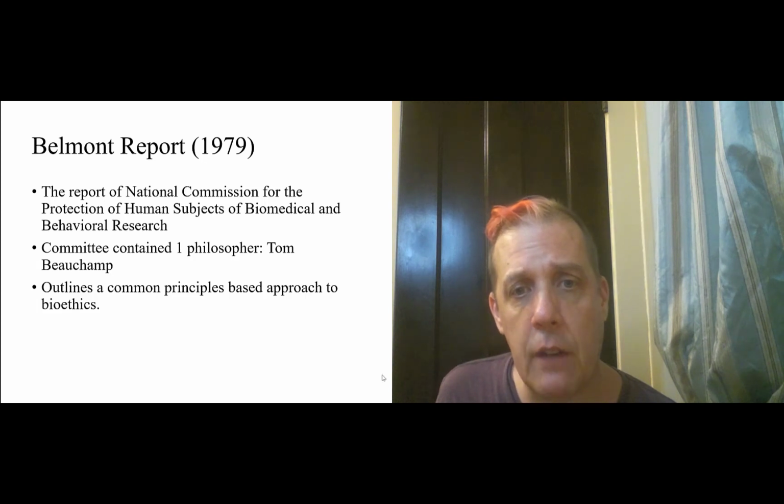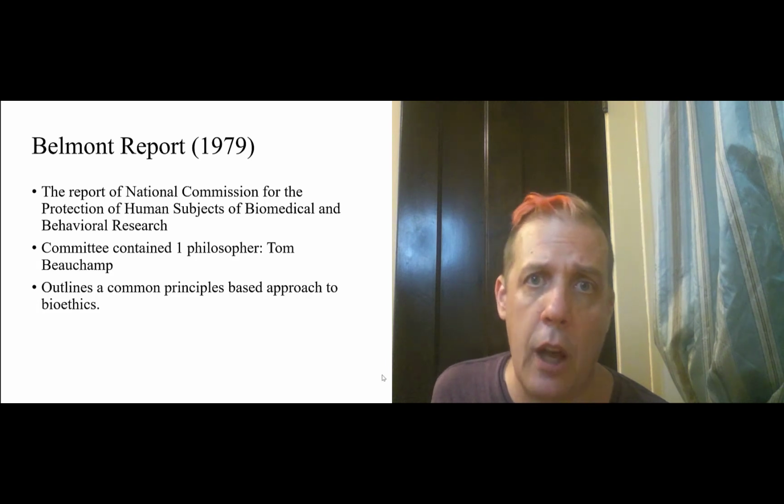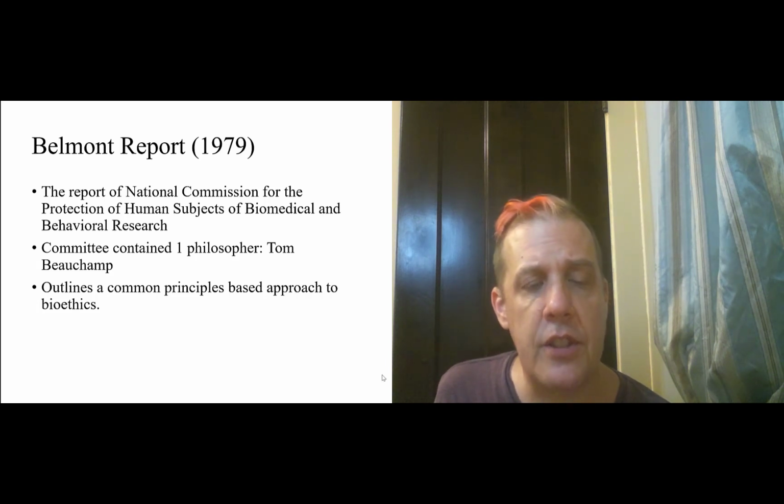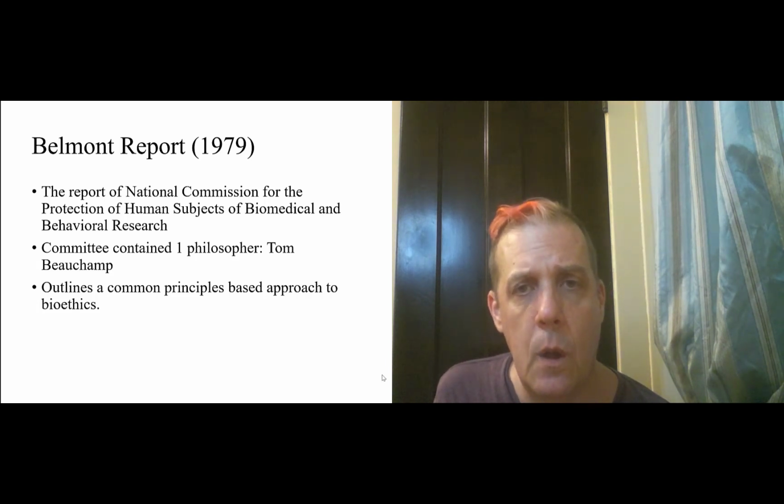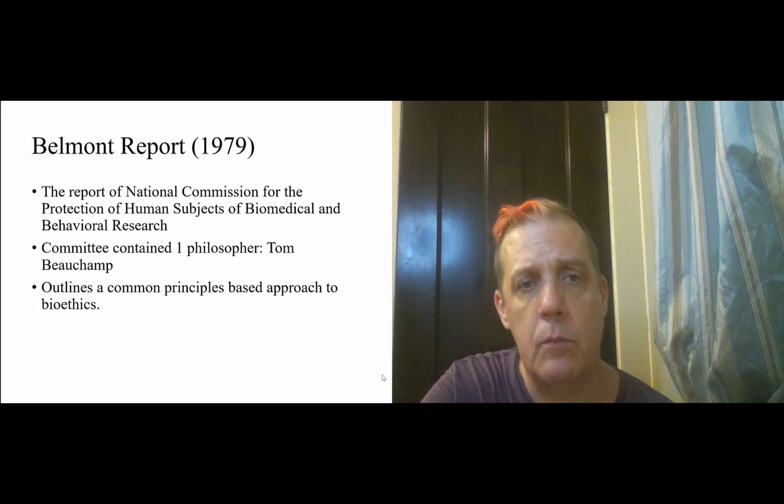So it outlines a set of common principles to be used in making decisions in medical ethics. And you had an exercise where you had to apply those to the situation in Henrietta Lacks, and we'll talk about those details next week.